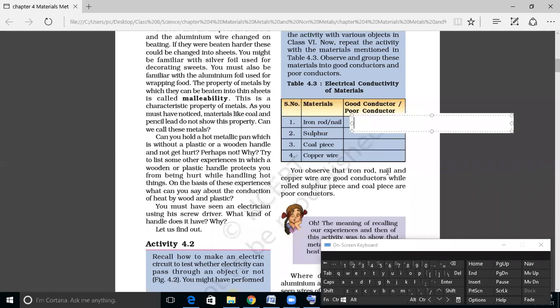Iron nail is a good conductor of electricity.